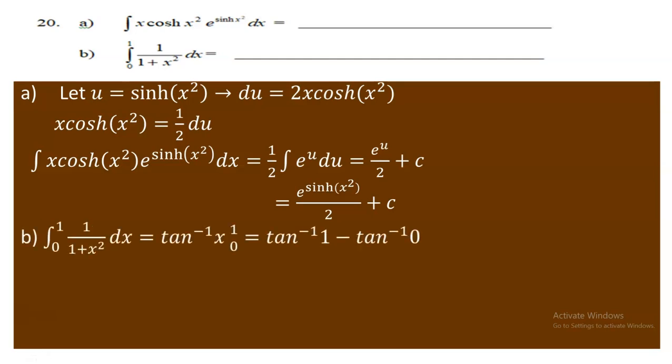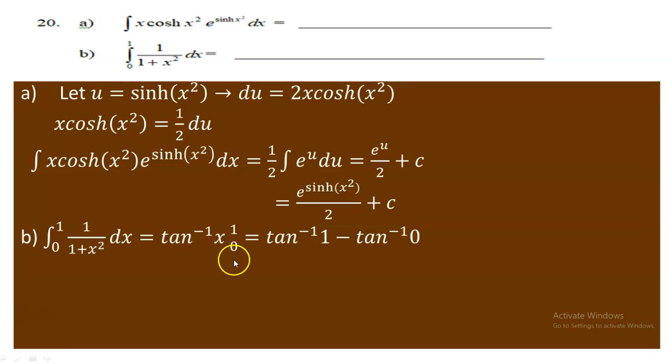And what comes next is b. b is a definite integral again, but remember that the integral of 1 over 1 plus x squared is tan inverse x, students, because if you remember in our class, we derived that the derivative of tan inverse x is 1 over 1 plus x squared, and integration is the reverse process of differentiation. So the integral of 1 over 1 plus x squared clearly is tan inverse x. But evaluation must be done from 0 to 1.